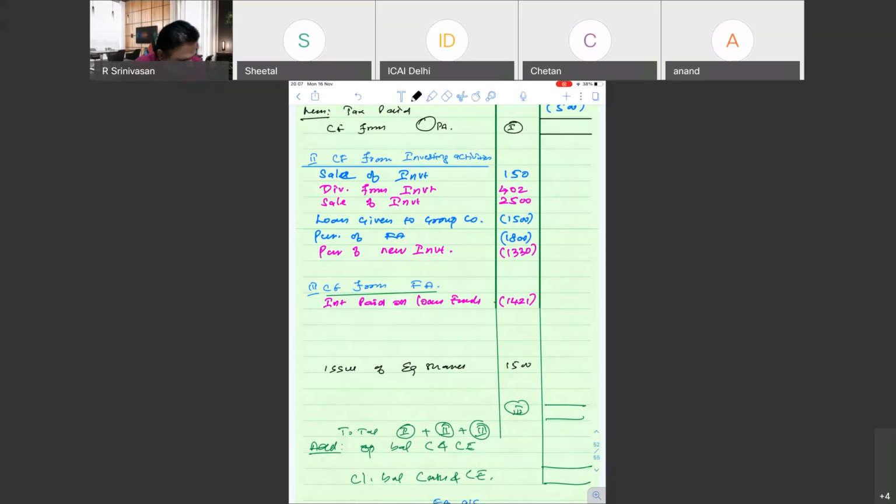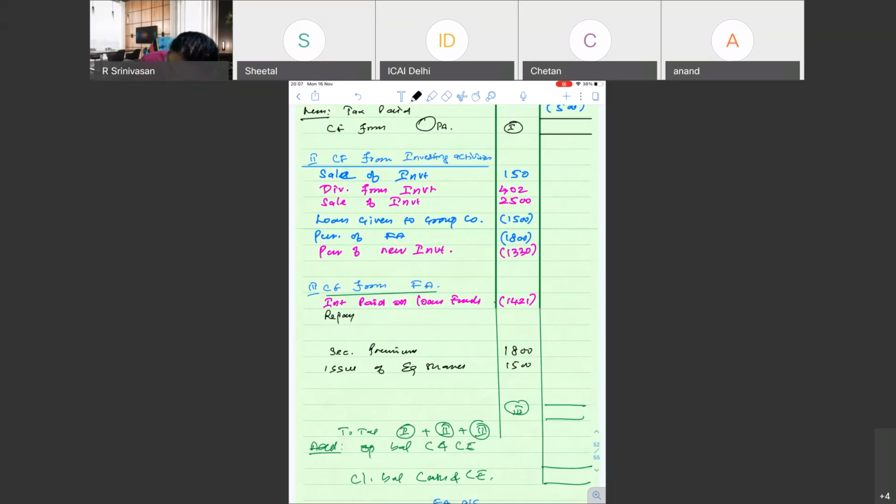Okay. General reserve done. P&L account is over. Securities premium, how much is it increased? 1,800 is increased. Okay. Then secured loans 5,000, 4,800.